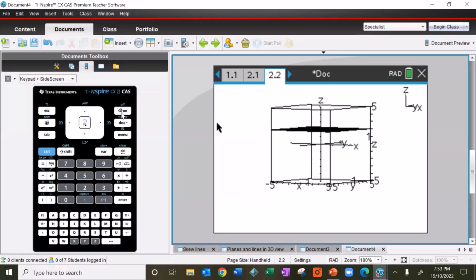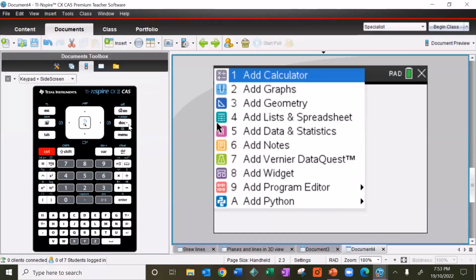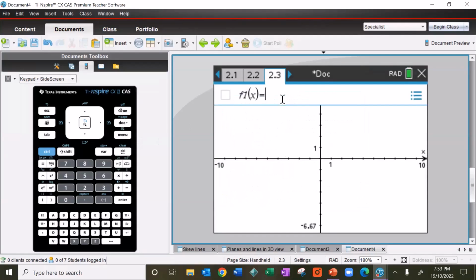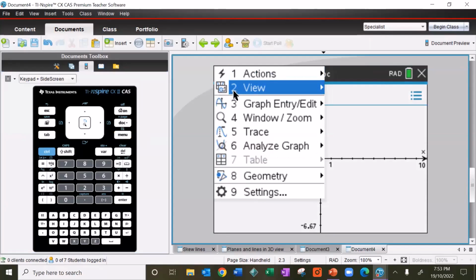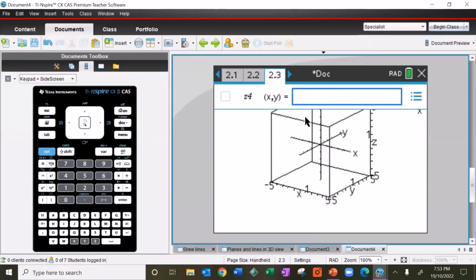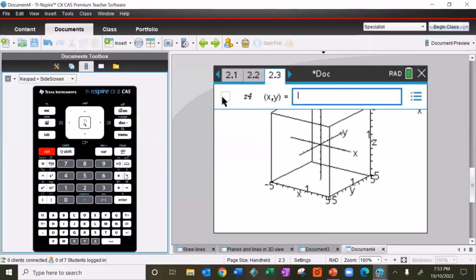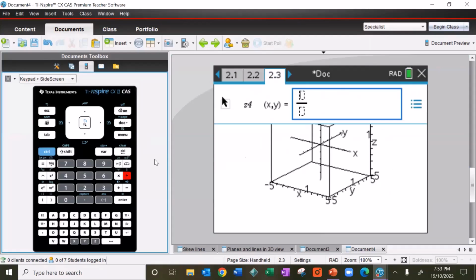I just need to get my equations. So again, get another set of graphs and menu, view, 3D graphing. So I chose one equation being 2x plus 3y minus 5 over 4.